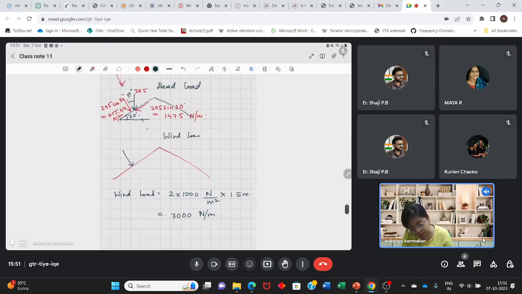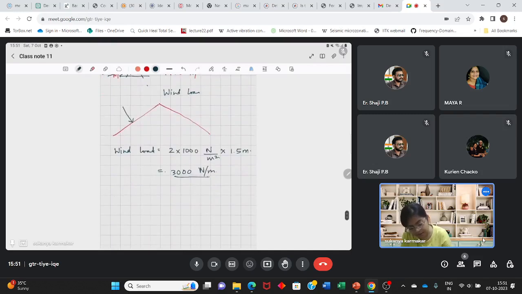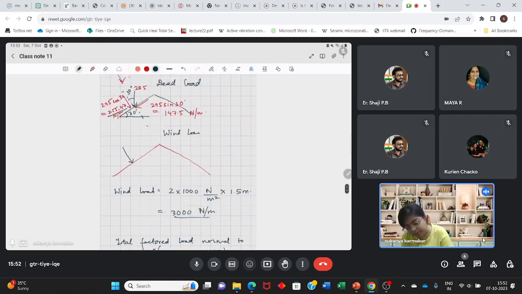In the normal direction, you have 255.47 and this value, and we have to apply a factor of 1.5. So the total factored load normal to roof is 1.5 times (3000 plus 255.47), where 255.47 comes from here.